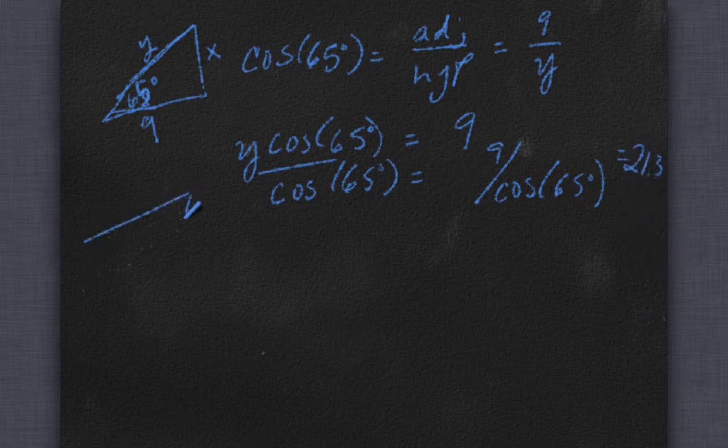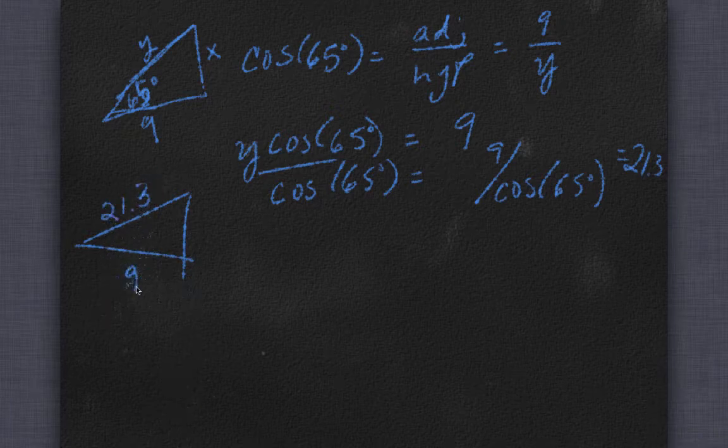So now we know we have 21.3 and 9. The reason I'm resketching it now, and you don't have to, you could just write 21.3 over here, but I want to make it clear. Now the one we have is the hypotenuse. So we don't want to just go through and write, oh, the other side's the square root of 9 squared plus 21.3 squared, because this is the one on the other side.